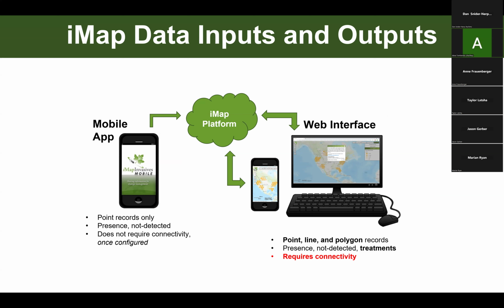So if you have the app downloaded and your account set up beforehand, you can make sure you have the species list downloaded, and without connecting to the internet, you can create a bunch of records. And when you reconnect to cell service or Wi-Fi, you can go back in and upload those. And we can move on to the next one.